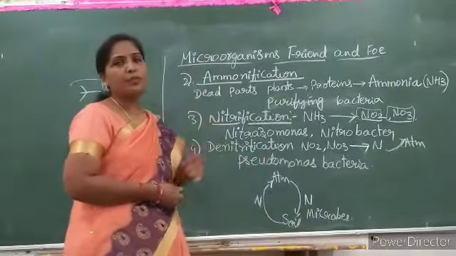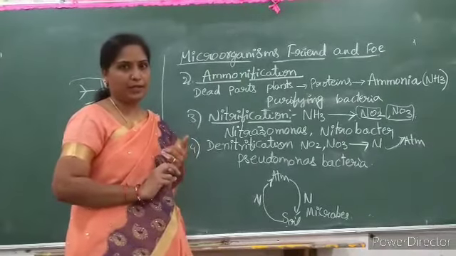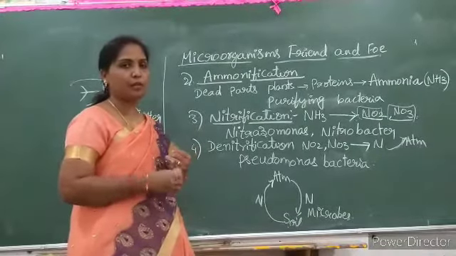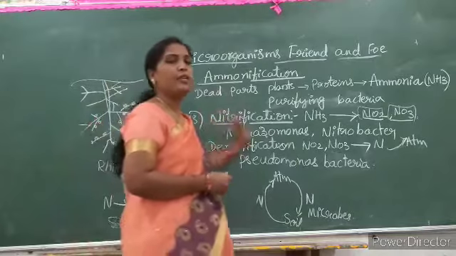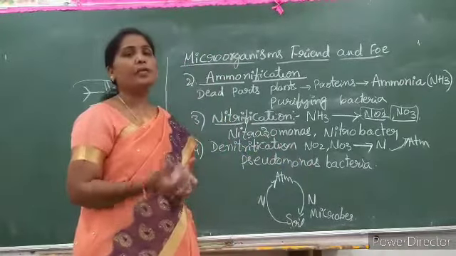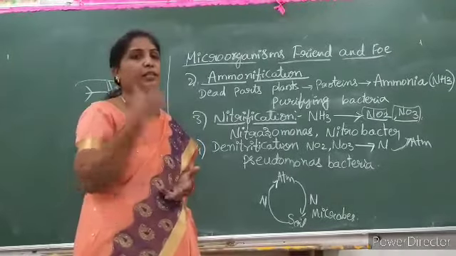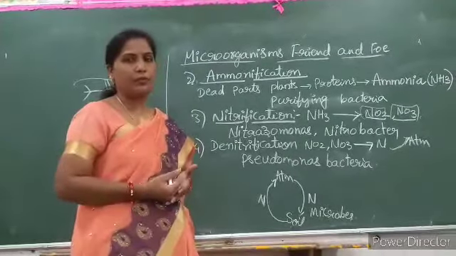Up to this we have completed how microbes are useful to us. Our coming lesson is how microbes are harmful to us, what types of diseases we get through microbes.